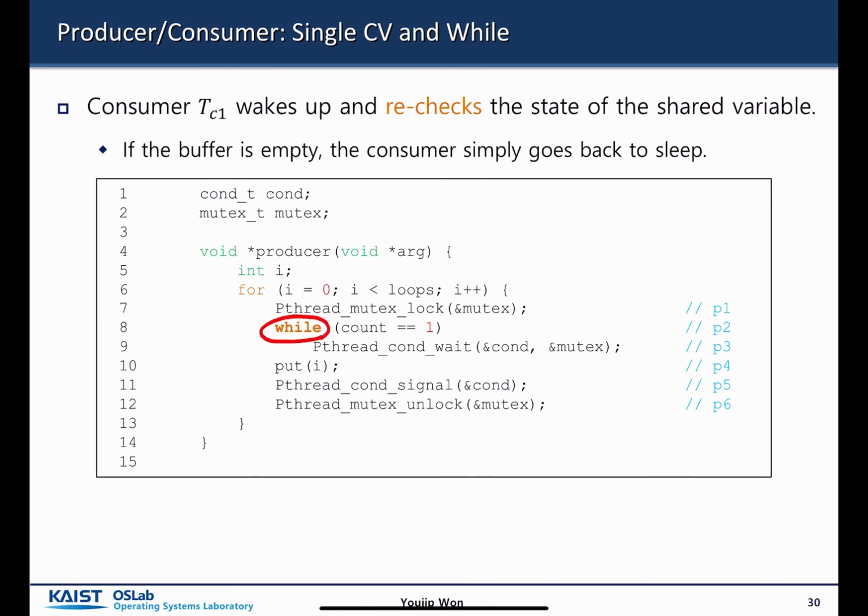So after the consumer wakes up, it rechecks the state of the system, to see if the condition that held when it received the signal still holds at the time it actually gets executed. If it finds that the buffer is empty, then the consumer simply goes back to sleep again. So we have to replace if with while.